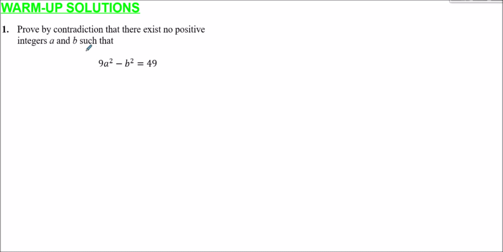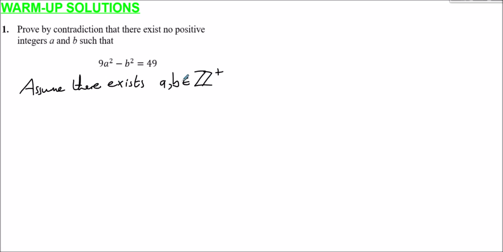So the first step here is to assume that there does exist an a and b. Assume there exists an a and b, which are natural numbers. So we can say Z plus, which means positive integers, or we could have just said naturals.